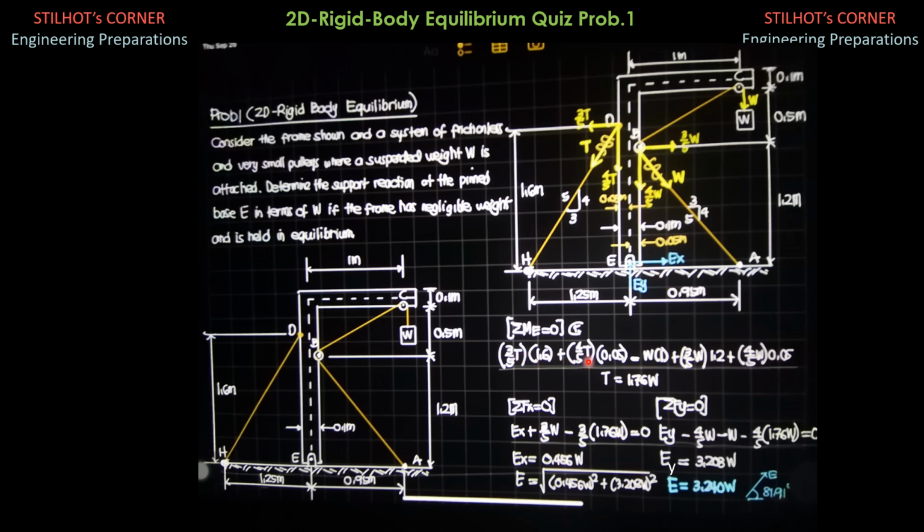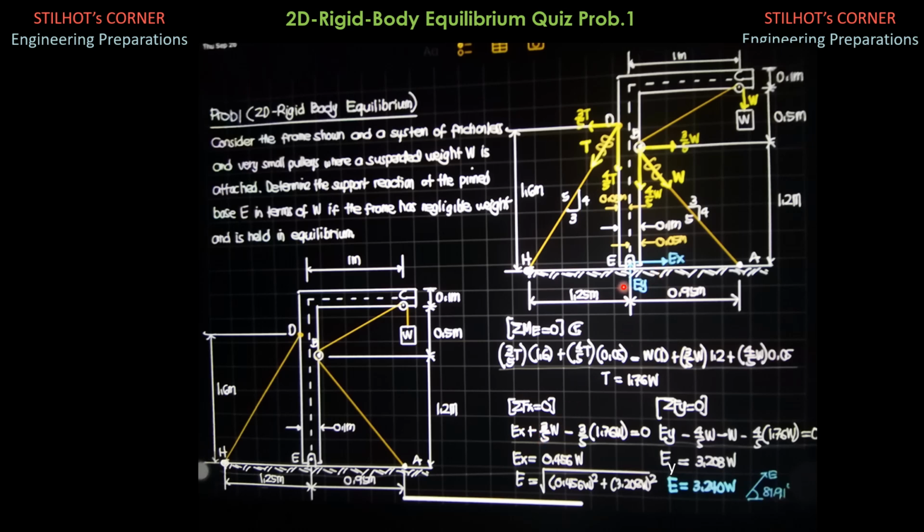So using your calculator, combining these values, this is just 1T or simply T, and the right side is W plus 3/5 of W times 1.2 plus 4/5 of W times 0.05, which is 1.76 of W. So that means T is 1.76 of W. Having found T in terms of W, we can now set up summation forces X equals 0.